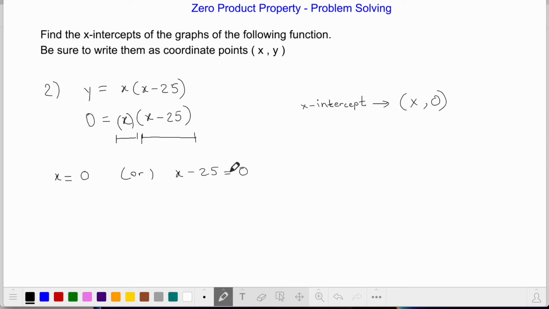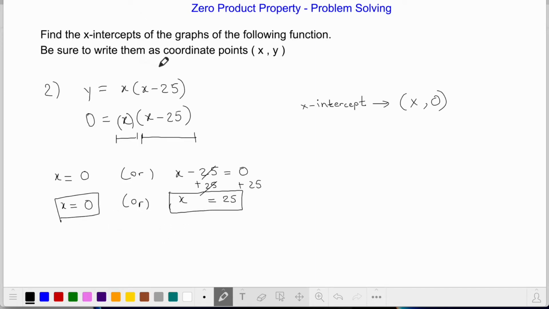equal to 0. The next step is we still have x is equal to 0 or x is equal to, we're adding 25 on both sides. So the 25 cancels out and x is equal to 25. So now we have two x-intercepts, at x is equal to 0 and x is equal to 25.